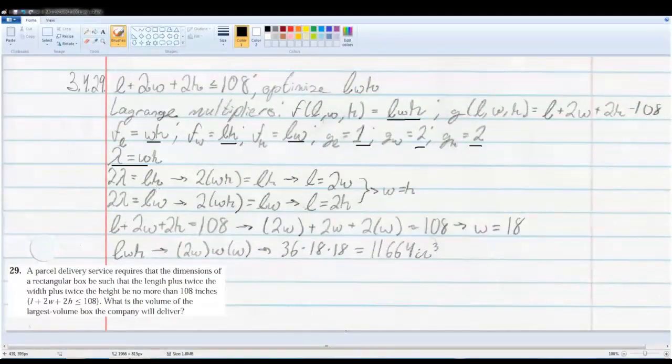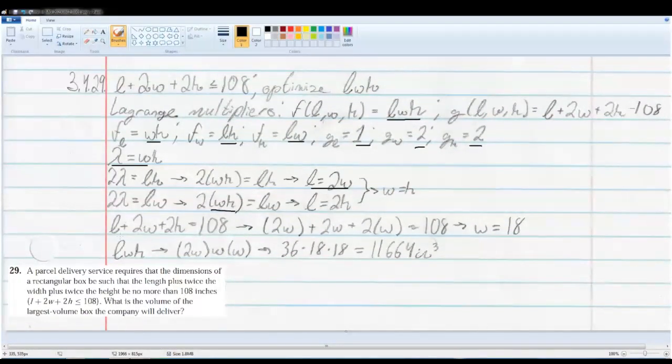So I basically just plugged in for lambda, and I got length equals 2 times the width. And then I plugged in again for lambda, and I got length equals 2 times the height. And then since they're both equal to length, 2 times the width equals 2 times the height, and width equals height. So that's the most optimal setup.